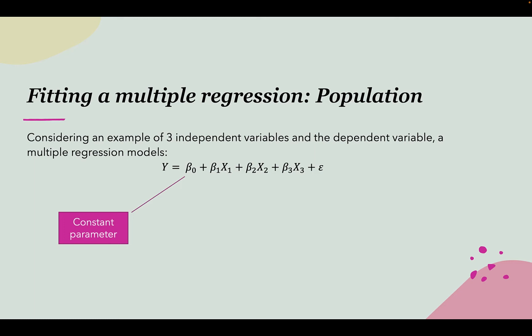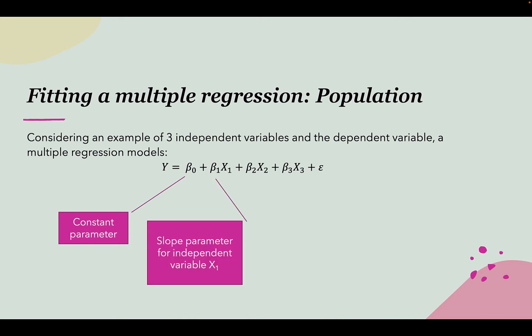So this would be the constant or intercept for the entire population. Beta 1 would be the slope parameter for the independent variable x1, and beta 2 would be the slope parameter for the independent variable x2, and so forth. And then epsilon represents the population errors or residuals.